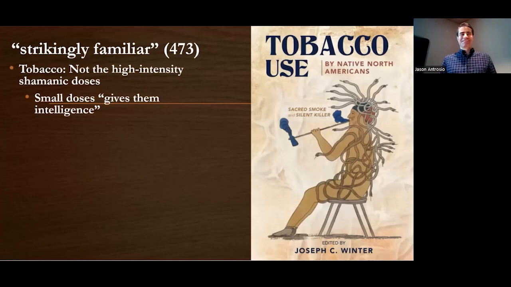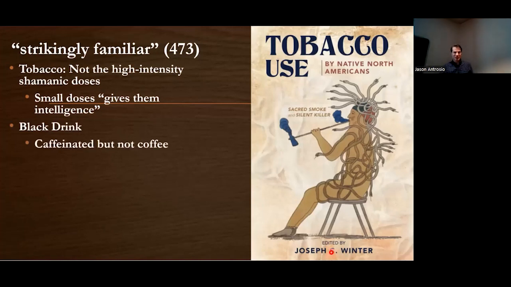He also mentioned drinking. Where are they drinking? What are they drinking? Caffeinated beverages, also known as the black drink, which you would think was coffee, but it's not coffee. Coffee comes to us from Yemen, or what is now Yemen, but it is a caffeinated drink, kind of like strong tea.